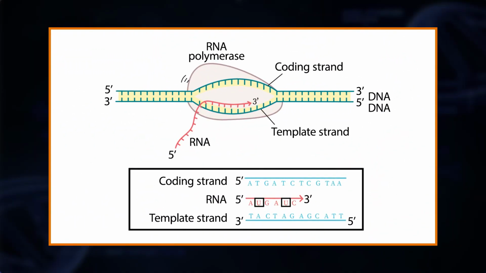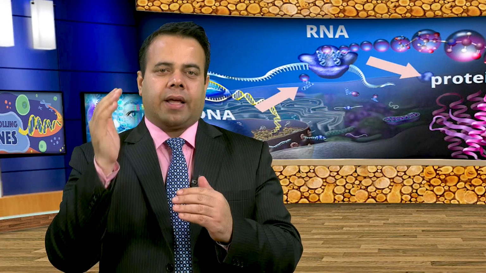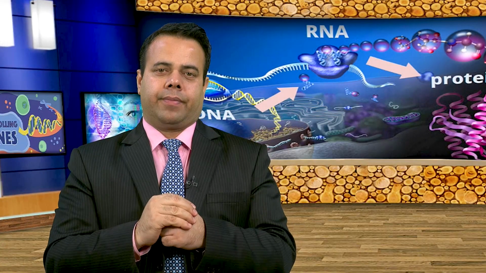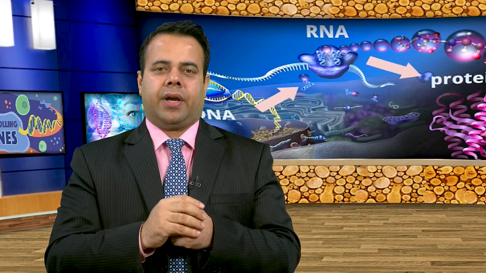One strand of the DNA is called the coding strand and the other is the template strand. Transcription machinery interacts with the template strand to produce an mRNA whose sequence resembles the coding strand. Other names for the template strand include antisense strand and master strand.